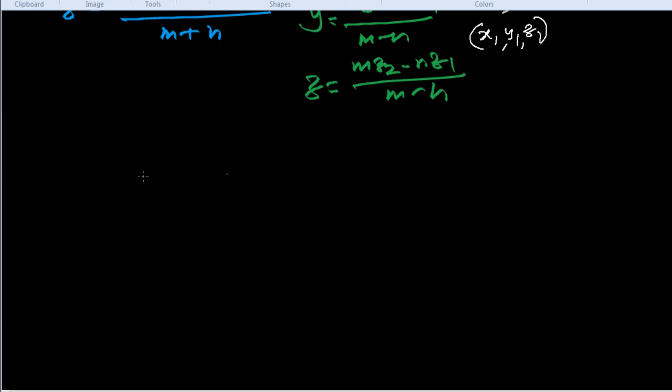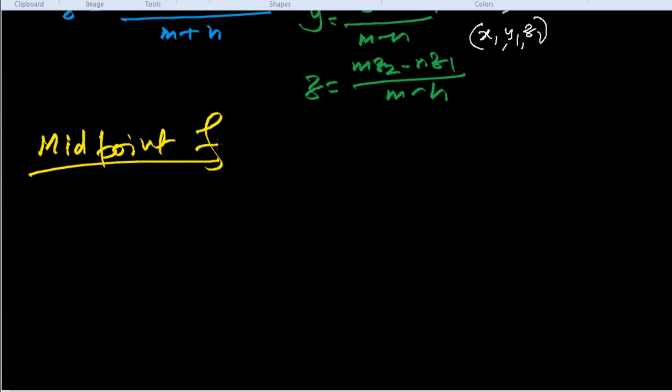Now we see the midpoint formula in 3D. Look at this, if we have a line segment like this, and there are 2 points A and B, and there is a point C in between.